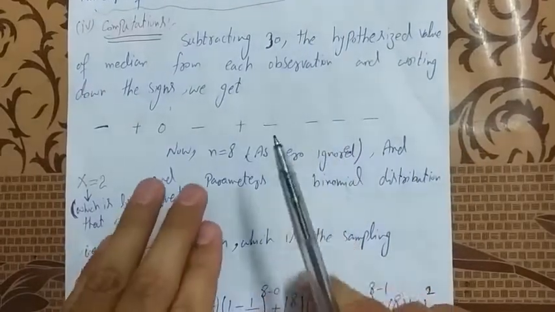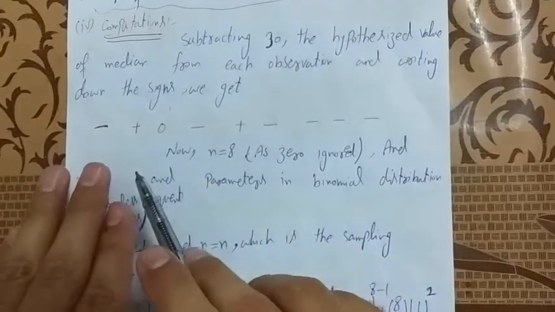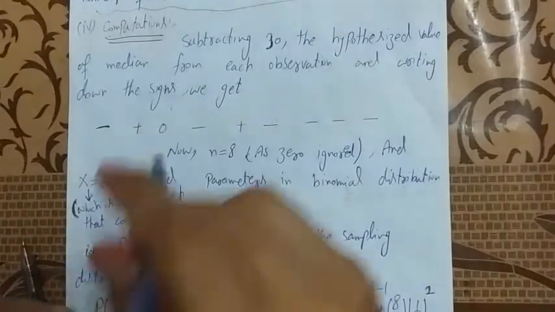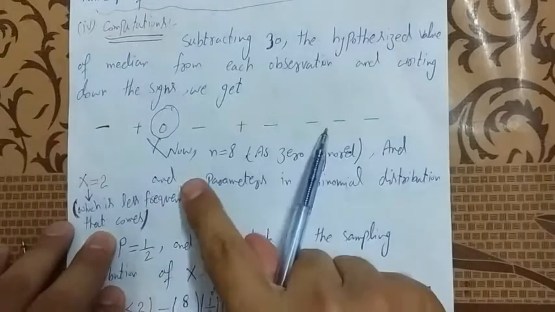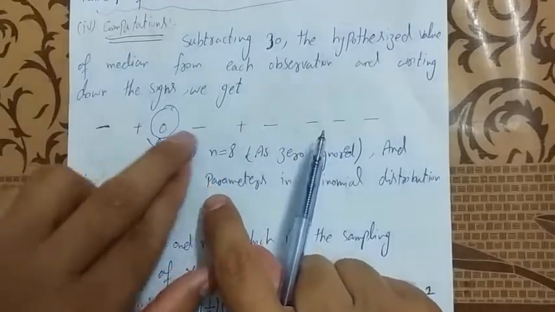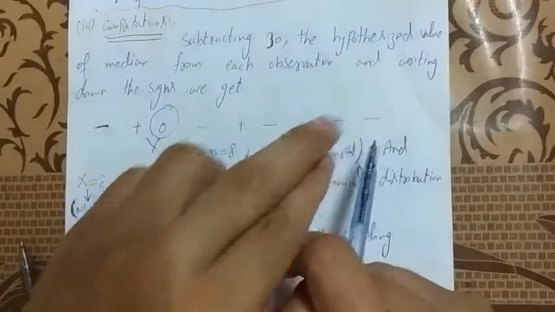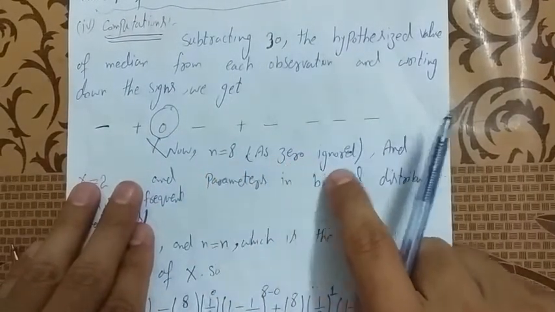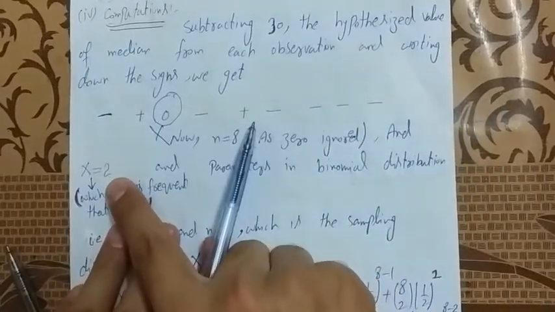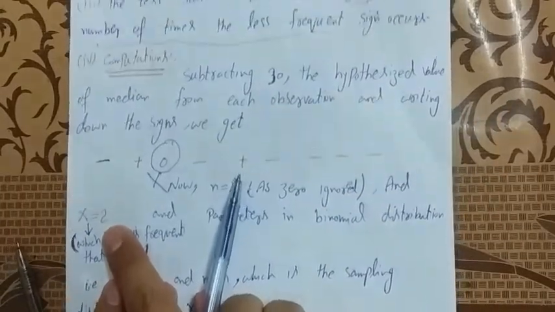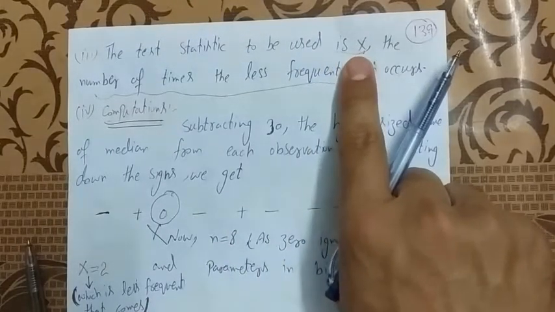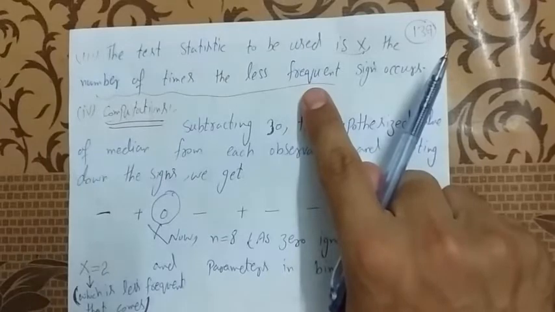Okay, now students, we also understood in the procedure that we neglect the observation if the difference is 0, so we neglect this. Now we count: 1, 2, 3, 4, 5, 6, 7 and 8. 8 is the value of n, as 0 is ignored, and capital X will be 0. I explained already in the third step, the test statistics, which is capital X, is the sign which is less frequent.